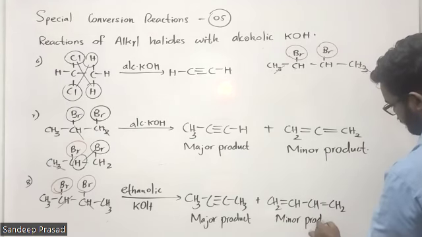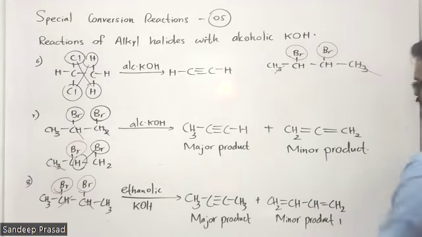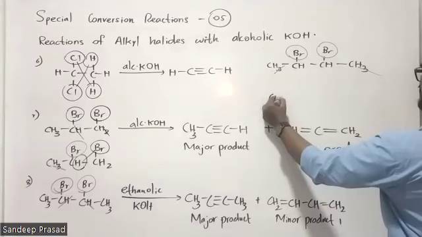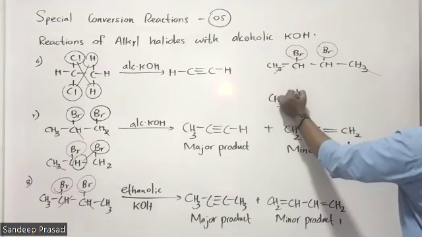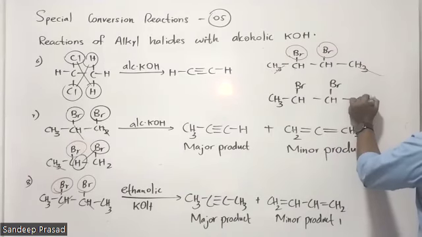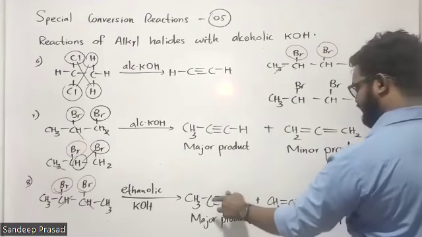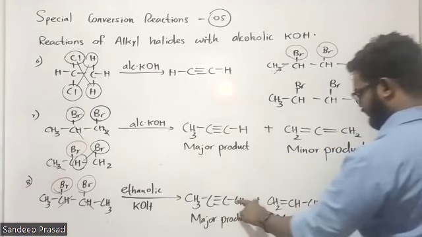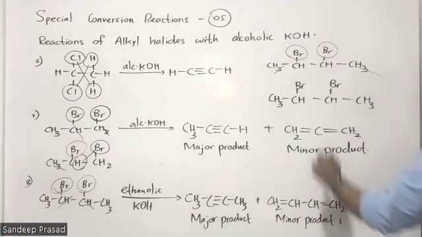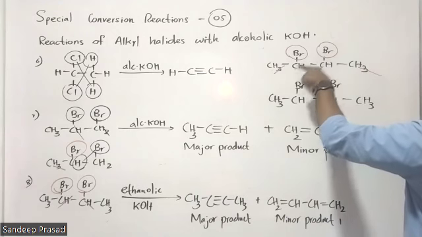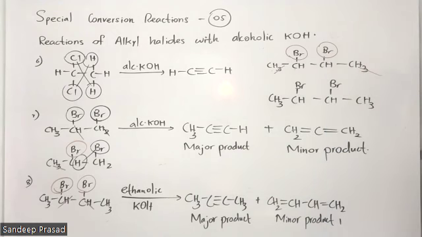Here we have a minor product. Minor product 1. Okay, can you understand? And look at the second minor product. CH3, CHBr, CHBr, CH3. Now we consider both the carbon atoms are satisfying the Zaitsev rule. From that we obtain the major product. The first minor product is obtained by violating the Zaitsev rule with both the carbon atoms.